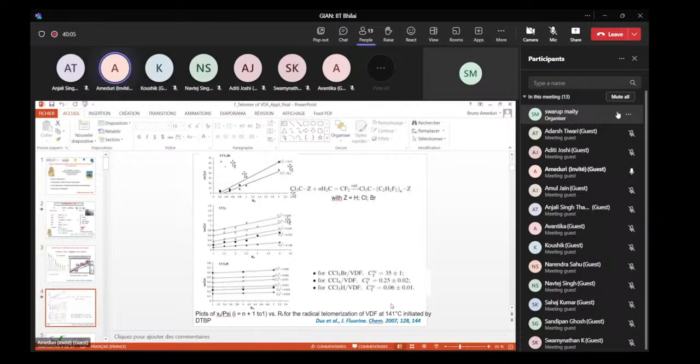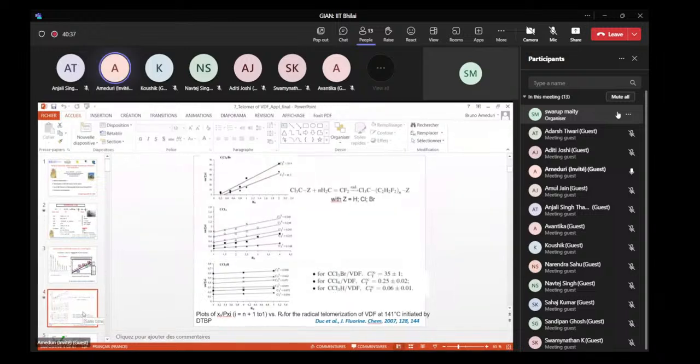140 Celsius, showing that the CCl3Br is much more reactive than CCl4 and much more than CHCl3, which was a little bit expected. But this is interesting because if you use the Mayo law, it's possible, from the ratio, the stoichiometry of transfer agent to monomer, and from the CT, to tune the degree of telomerization n in this case.